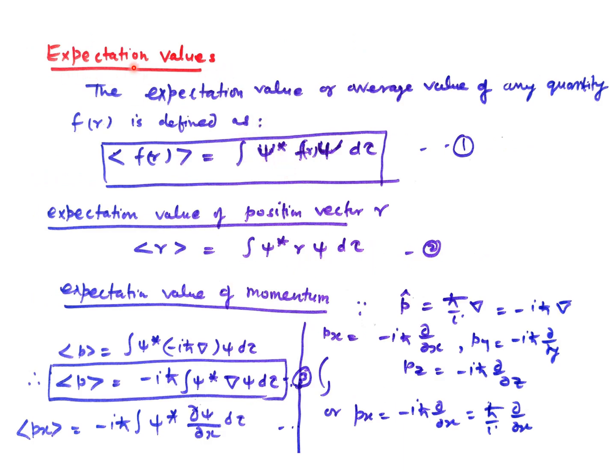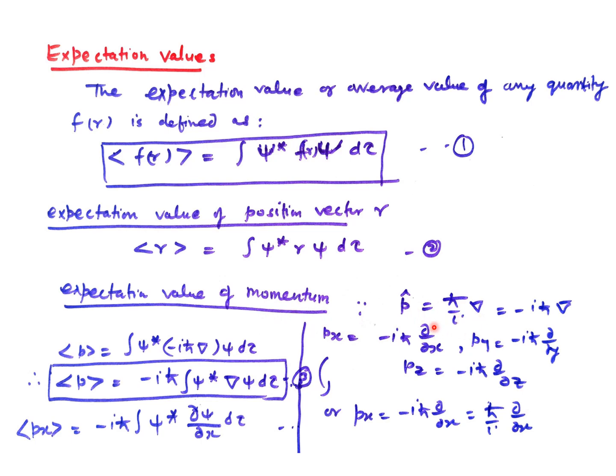There is one more term known as the expectation value, or the average value of any quantity. For a function F of r, it is defined as the expectation value of F equal to the integral of psi star F psi d tau. For a position vector R, the expectation value, or average value, is the integral of psi star R psi d tau.